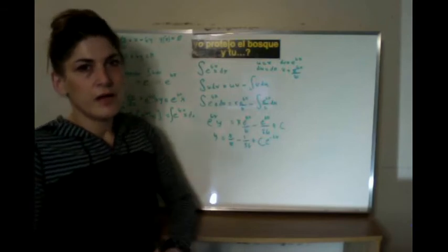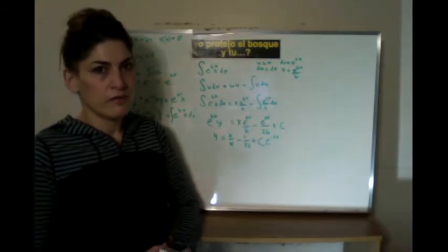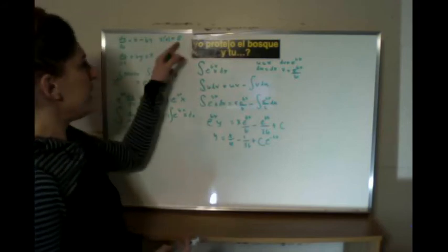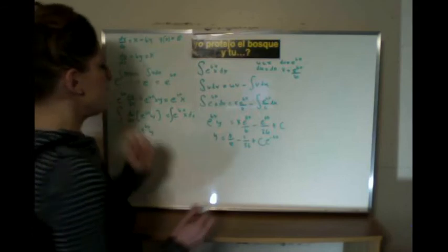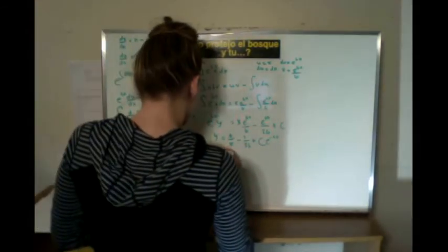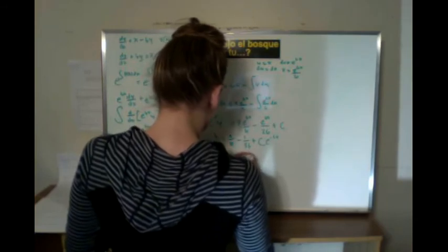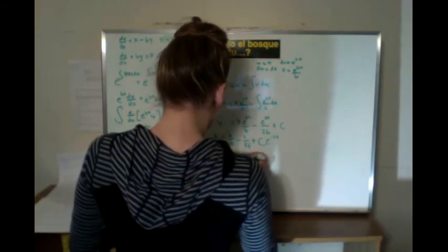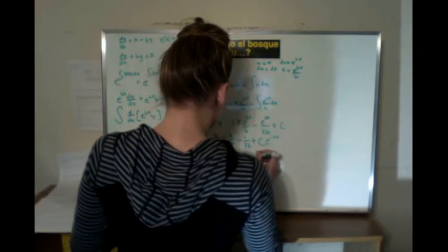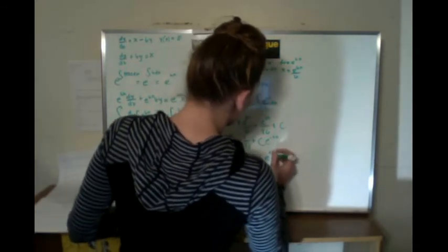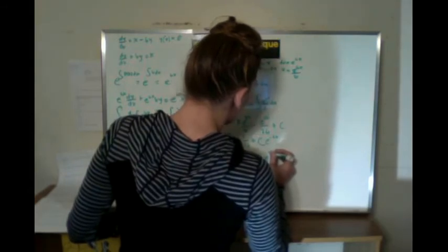We can now plug in our initial values to solve for c. If we set y equal to 8 and x equal to 0, we get 8 equals 0 over 6 minus 1 over 36 plus c times e to the 0 times negative 6.